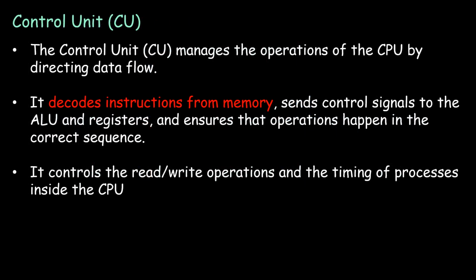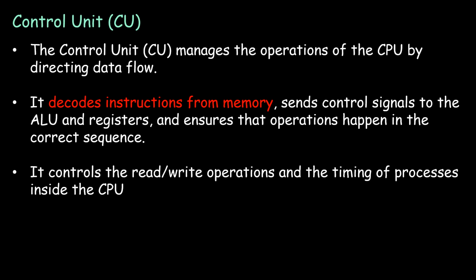Control unit. The control unit is like the manager of the CPU. It makes sure everything inside the CPU happens in the right order. First, it decodes the instructions from the memory to figure out what needs to be done. Then it sends control signals to parts like the ALU and registers, telling them what to do.